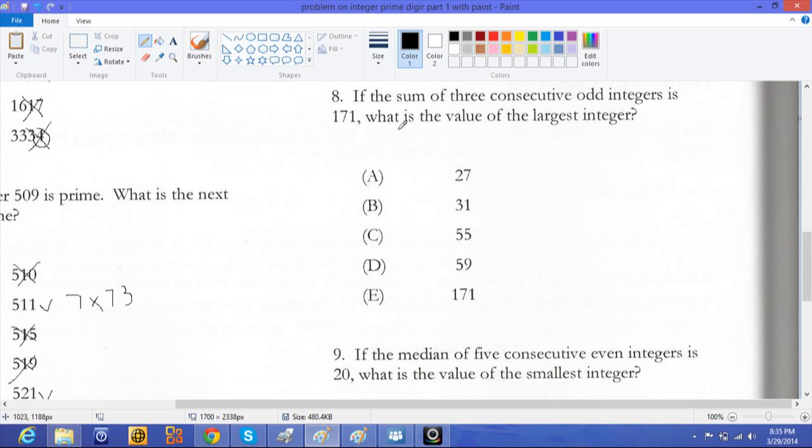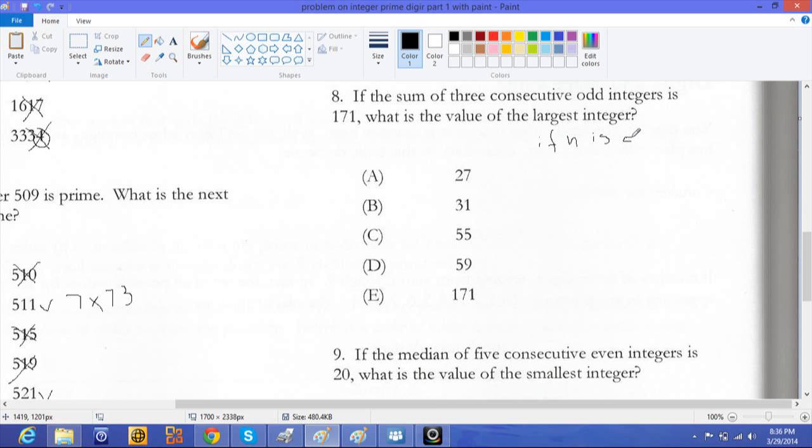They say the sum of 3 consecutive odd numbers is 171. What is the largest integer?